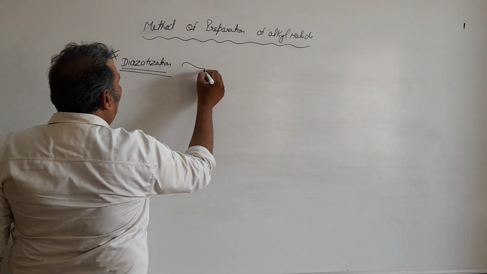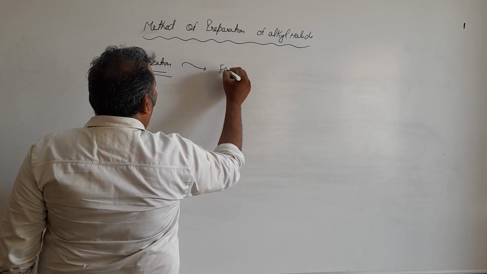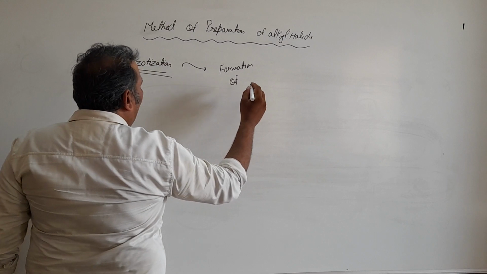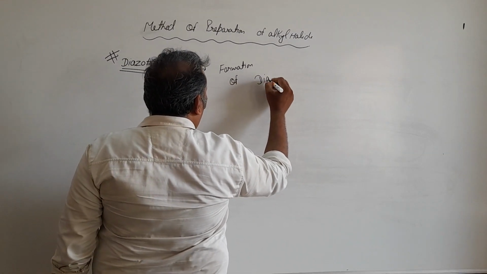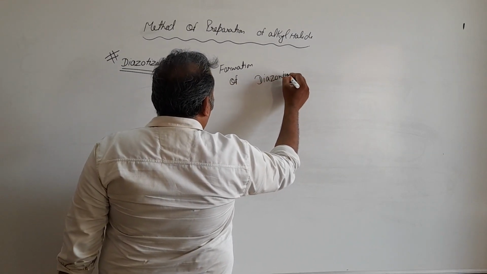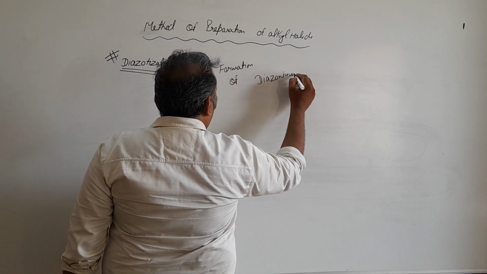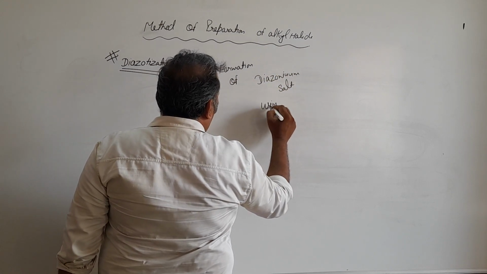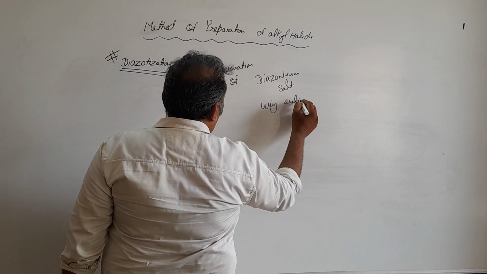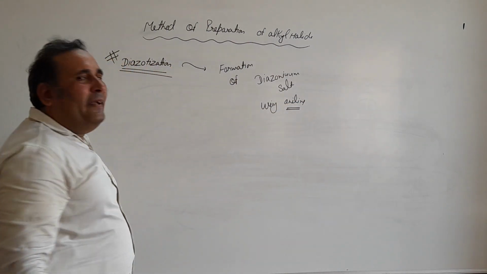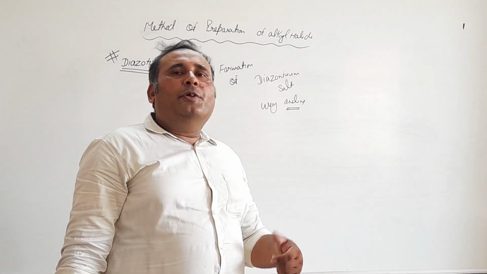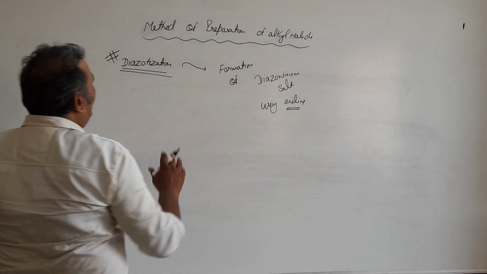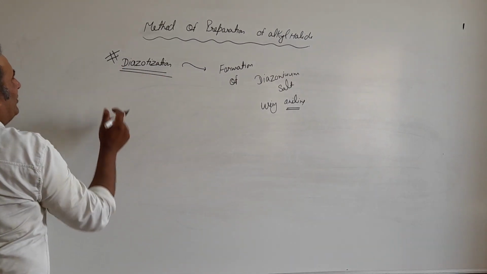Diazotization reaction means formation of diazonium salt using aniline. If we form a diazonium salt using aniline, that is a good method of preparation of aryl halides, and that is called diazotization.